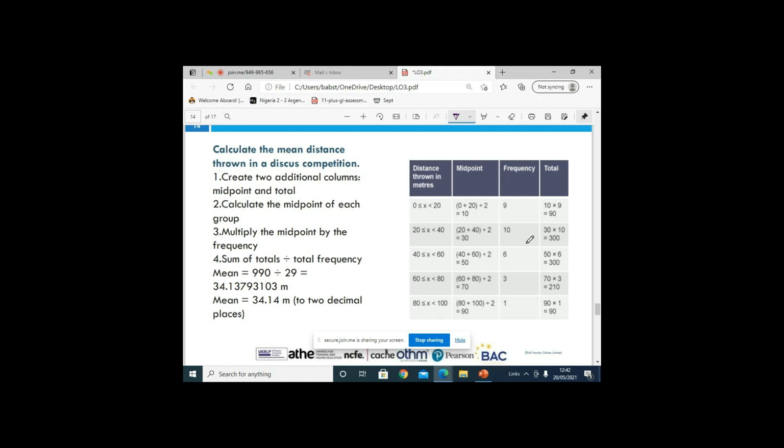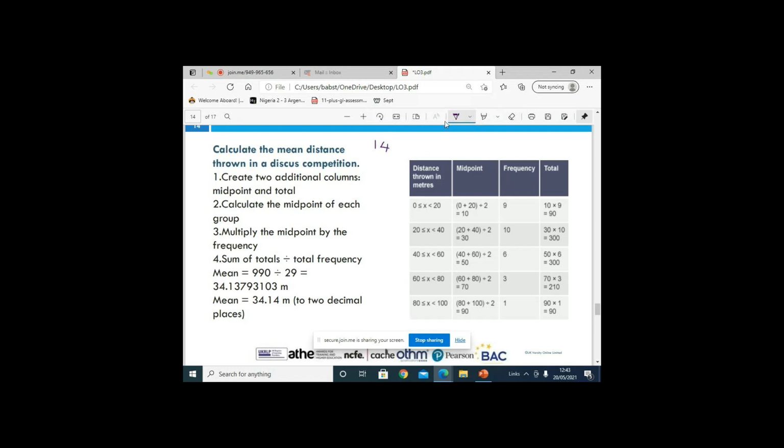What's the middle number in 29? Divide 29 by 2. That's going to be 14.5.